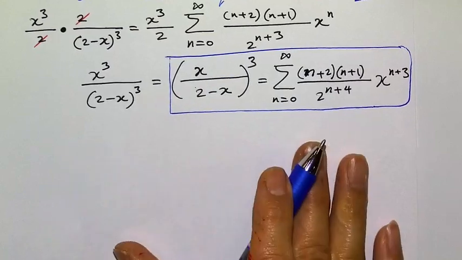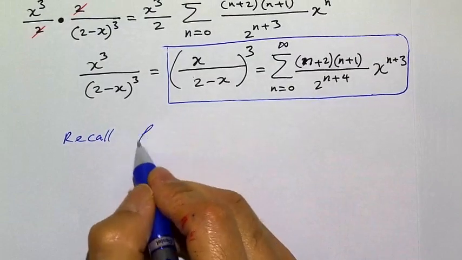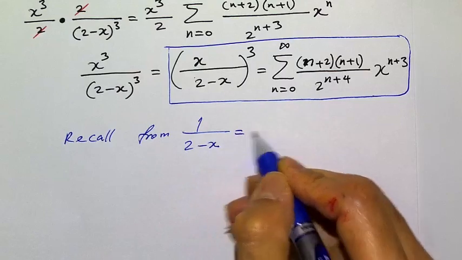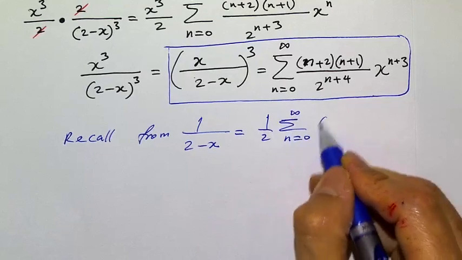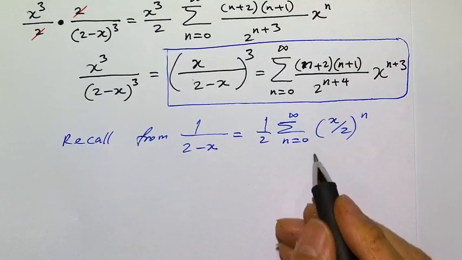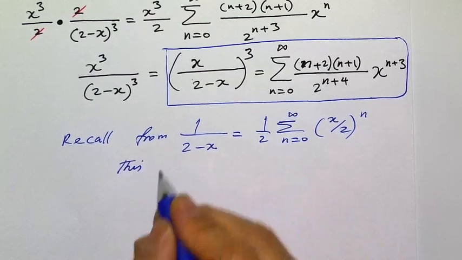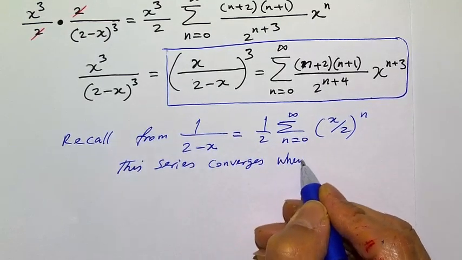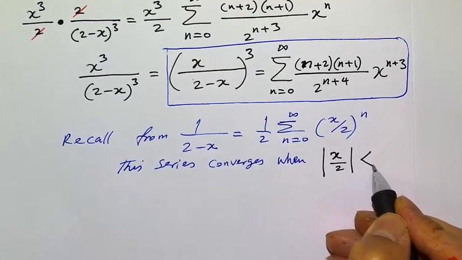So recall from this expression that we had, 1 over 2 minus x, which was represented by this power series, the series converges when the absolute value of x over 2 is less than 1.